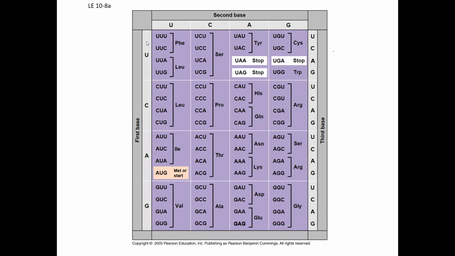But in a test situation, and I try to make sure this doesn't happen, but I do make errors. In a testing situation, if I'm asking you to make an amino acid sequence off of an mRNA, and you run into a stop codon in the middle of the mRNA strand, don't stop.